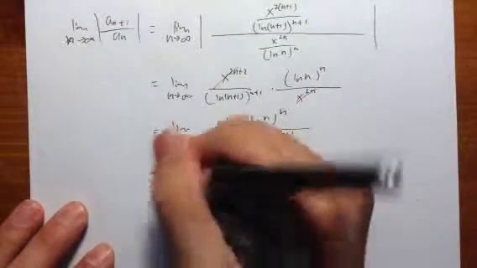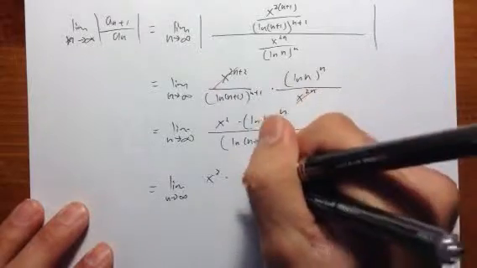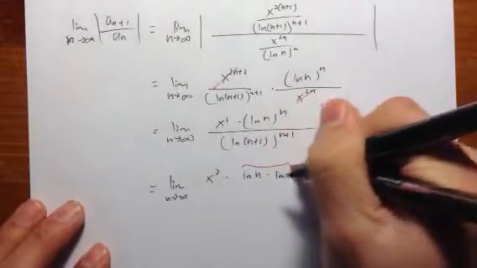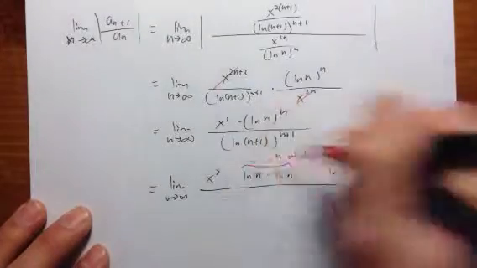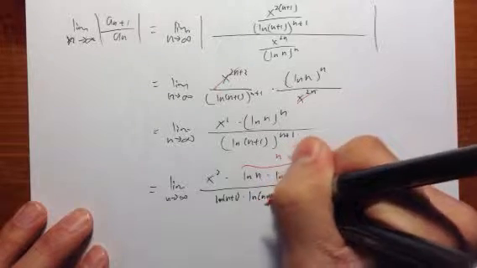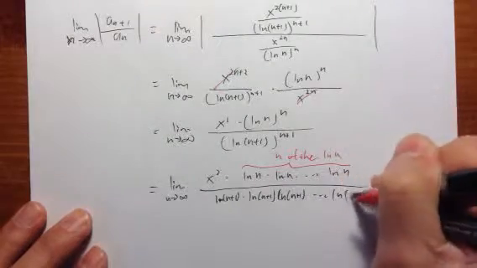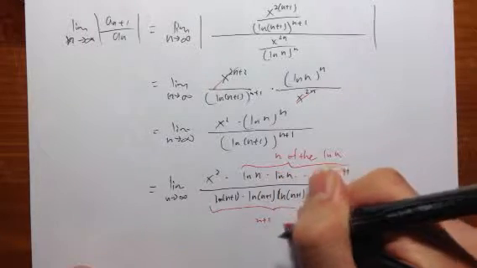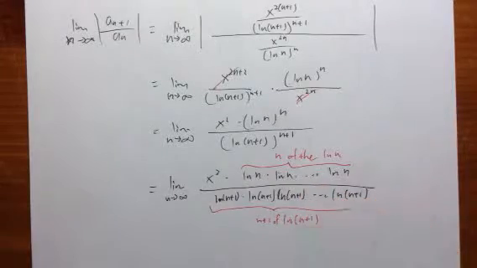So this is the same as the limit as n goes to infinity of x squared times ln n times ln n times ln n, n of the ln n, over ln(n+1) times ln(n+1) and so on, a total of n plus 1 of the ln(n+1) on the bottom.